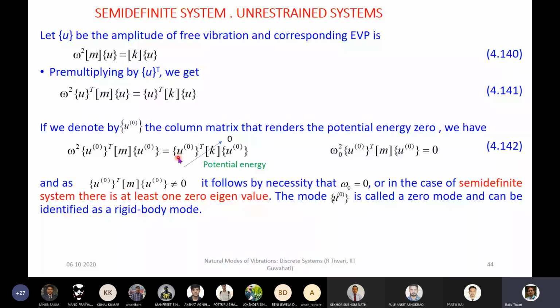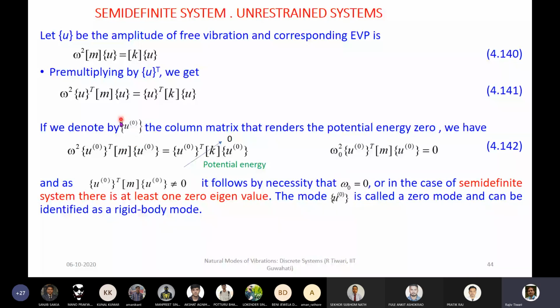According to this condition, the potential energy is 0, because we are assuming that this is the displacement which is making the potential energy 0. So this term should be 0. If we equate this to 0, we are left with this equal to 0. And here omega has been replaced by omega naught, corresponding to this particular displacement.